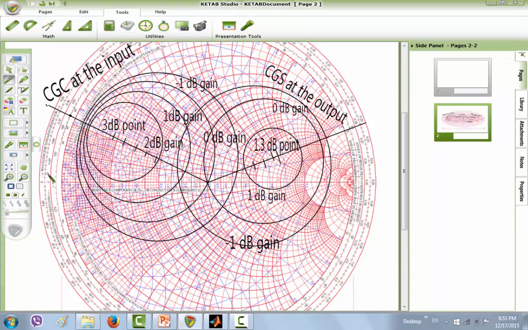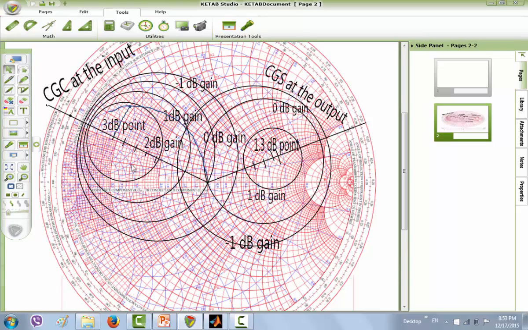I'm going to mark the constant conductive circle for the origin to find the intersection point with the 3 dB point. Moving from the 3 dB point, we can see that this is the intersection point. I'm going to mark it and then read its value.